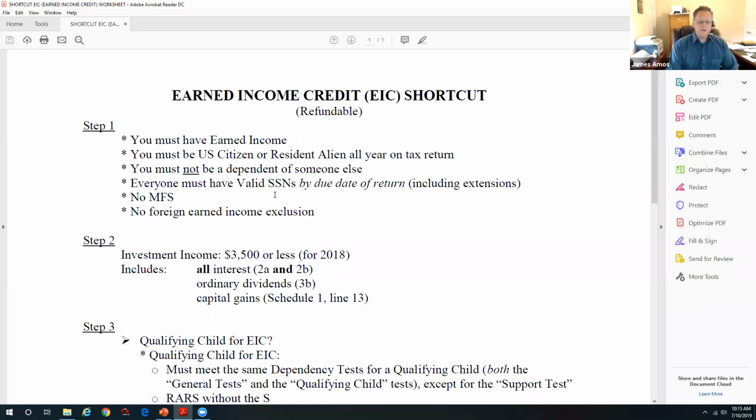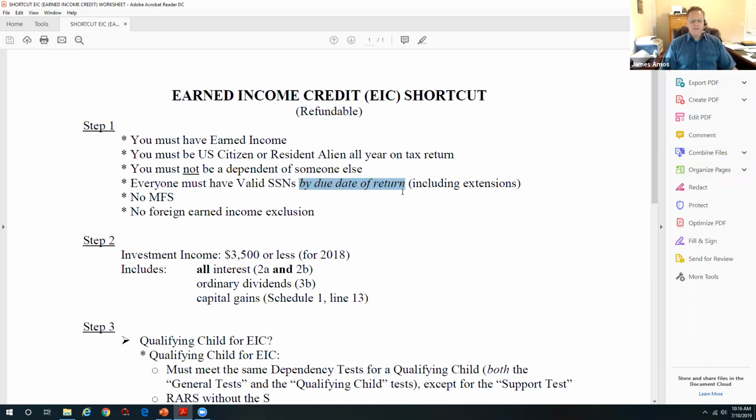There are some non-refundable credits where all you have to have is an identification number, either a Social Security number, ITIN, or an ATIN. There are some that allow that, but this one specifically requires a Social Security number, and you have to have it by the due date of the return.